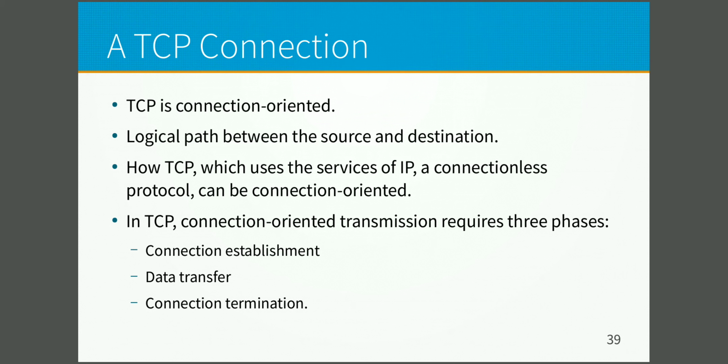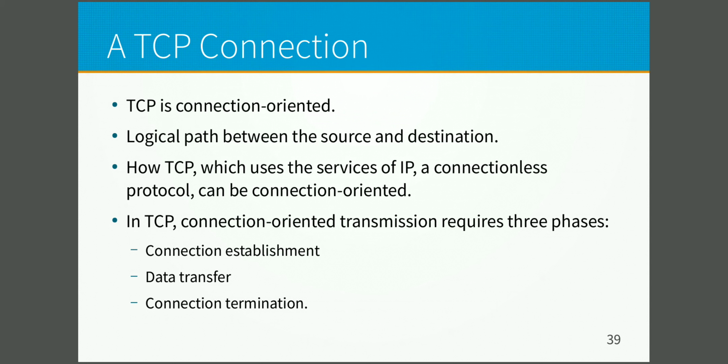So before any data is transferred, an imaginary or logical path between the source and the destination has to be established, and then the segments that are created are transferred through this same logical path. Unlike in UDP, where each user datagram can take an independent path to the destination, in TCP all the segments should pass through the same logical path.